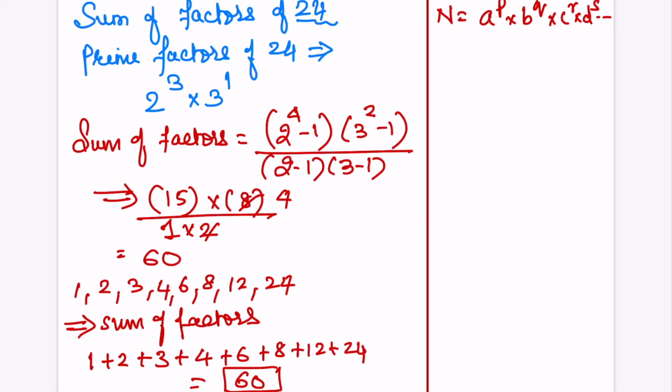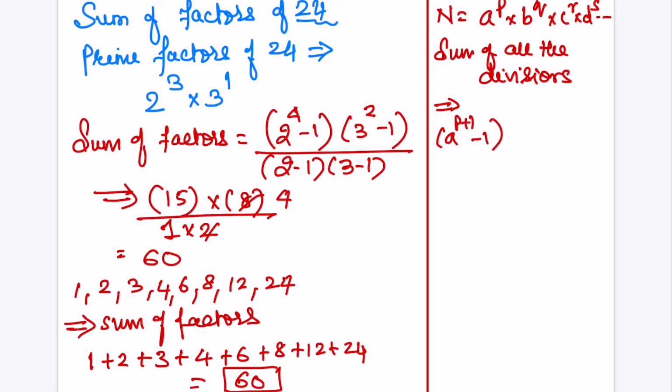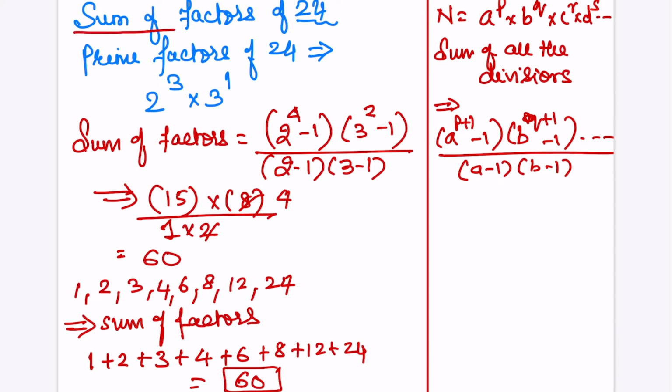Now the formula for the sum of all the divisors or factors is (a^(p+1) minus 1) into (b^(q+1) minus 1) and so on, upon (a minus 1) into (b minus 1). So in this way we have used this formula to calculate the sum of factors of any given composite number. Now next comes the product of factors.